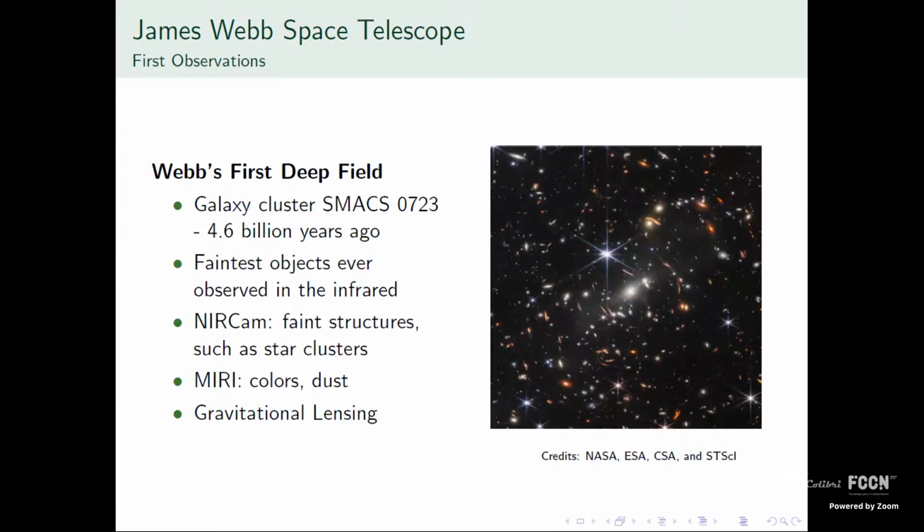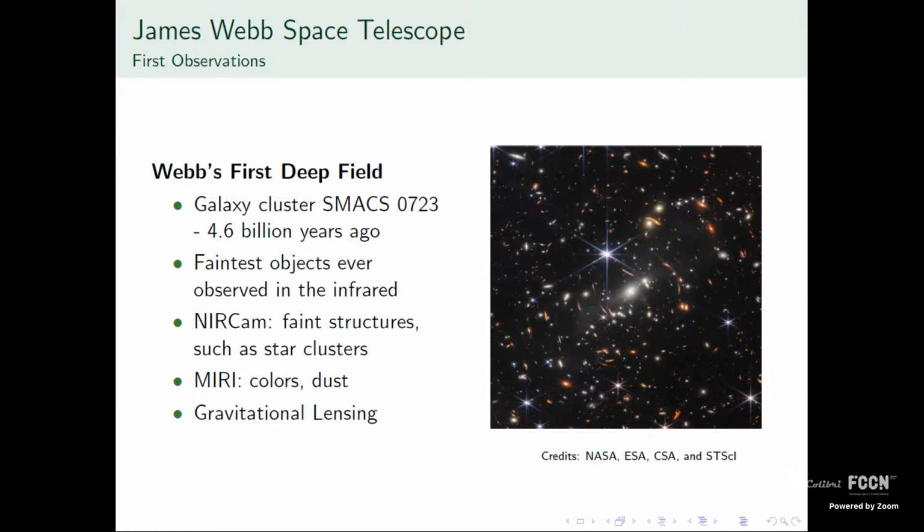So for the final image of the James Webb, and circling back to the beginning of my presentation, we have a deep field. In this case, it is of the galaxy cluster SMACS 0723, which is 4.6 billion light years away. And we can see that we are observing very faint objects in the infrared that are very distant. So this is the deepest image we have until today of the infrared universe.